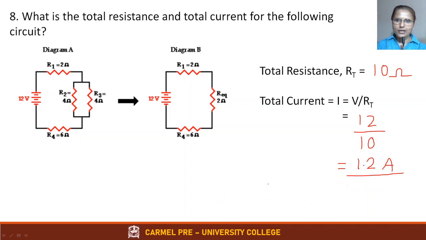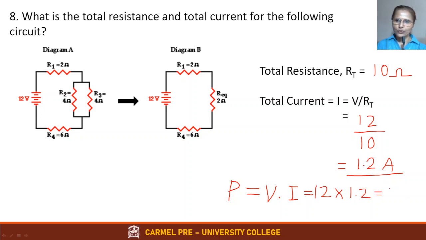They can also ask for total power. How to calculate total power? V into I. What is the total voltage given? 12, multiplied by total current, which is 1.2. What is 12 into 1.2?